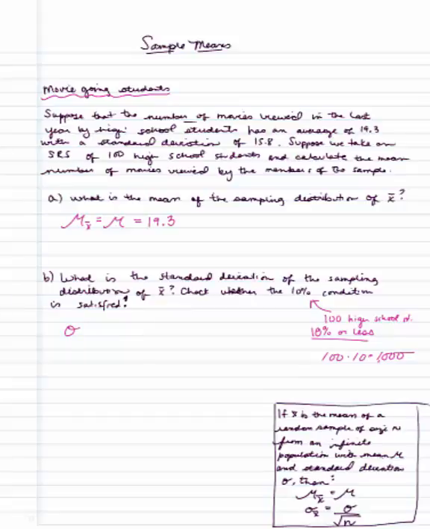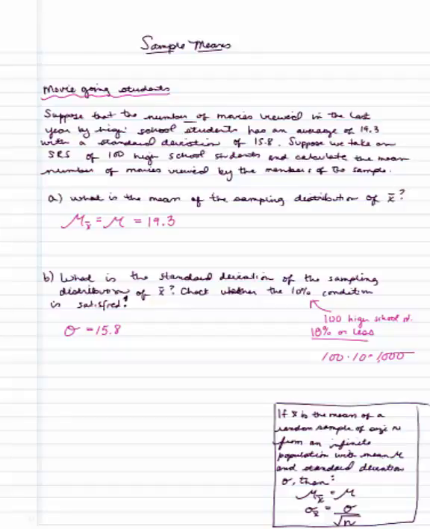The standard deviation, now you have the standard deviation up here, and this is of all high school students. So to find the standard deviation of the high school students within the sample, you have to add in something about the number of students you're surveying, because your standard deviation is going to change the more and more people you are surveying.